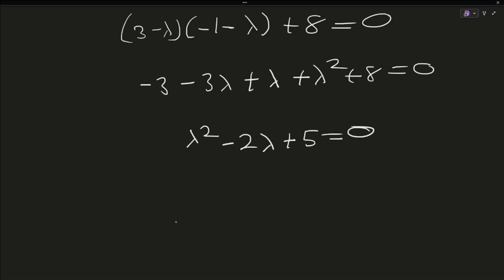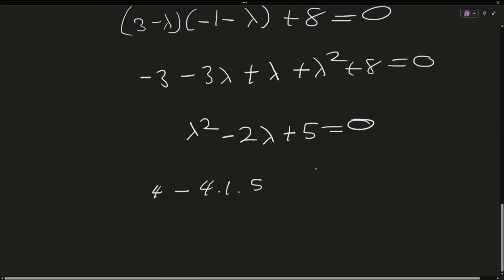I can see that this is going to give us complex roots. So I want to start with the b squared minus 4ac method, and then do negative b plus or minus the square root of b squared minus 4ac, divided by 2a. So b squared is 4 minus 4 times 1 times 5.